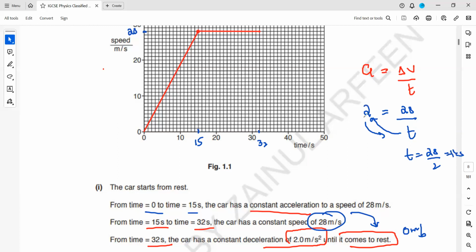So it will take 14 seconds from 32, like 32 plus 14 makes 46. So this will be 1, 2, 3, 4, 5, and 6. So that will be 46.